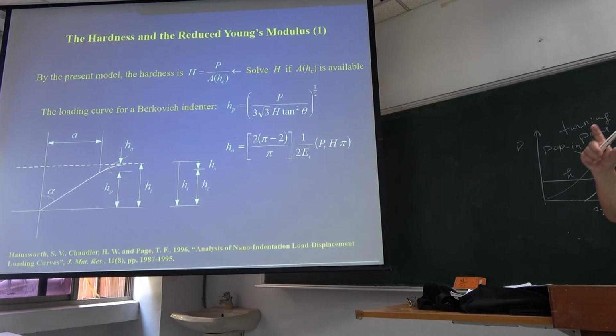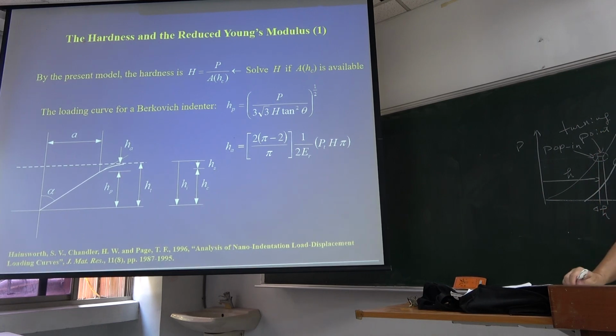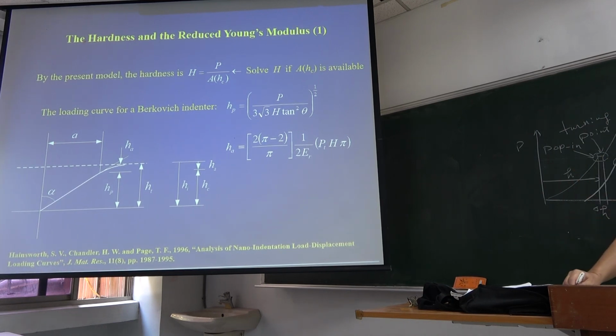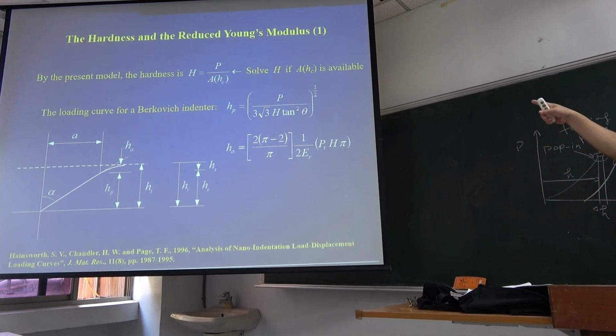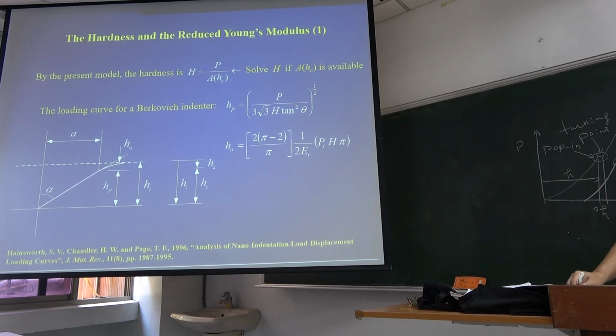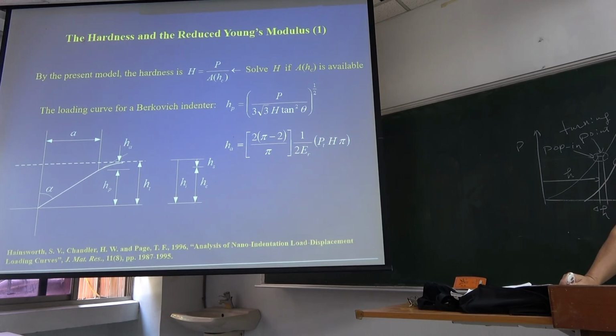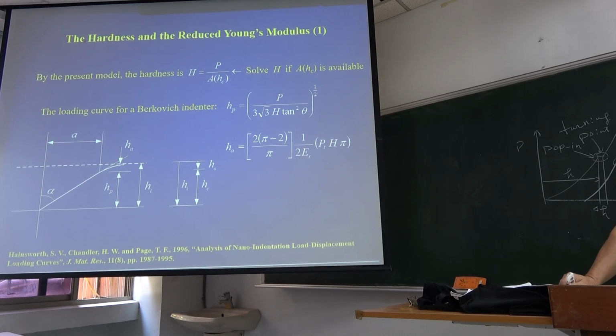Otherwise, different material property, different film thickness or different indentation depth. You change your indentation depth, you'll find that your hardness and your Young's modulus are also different. Okay, all right. So this is very, very important because I have read a lot of literature.